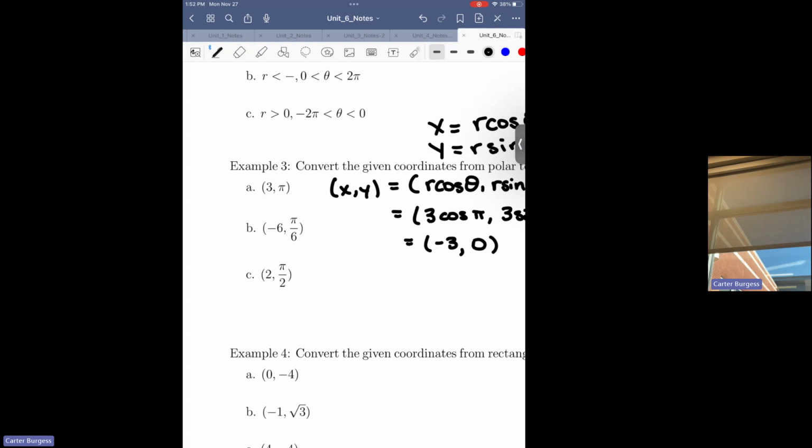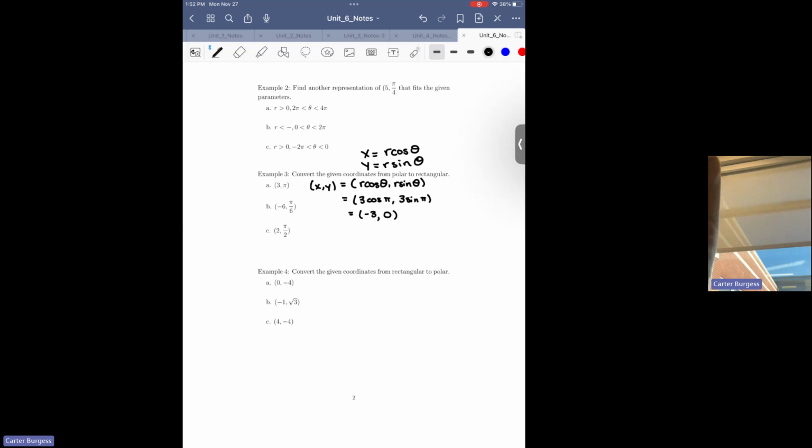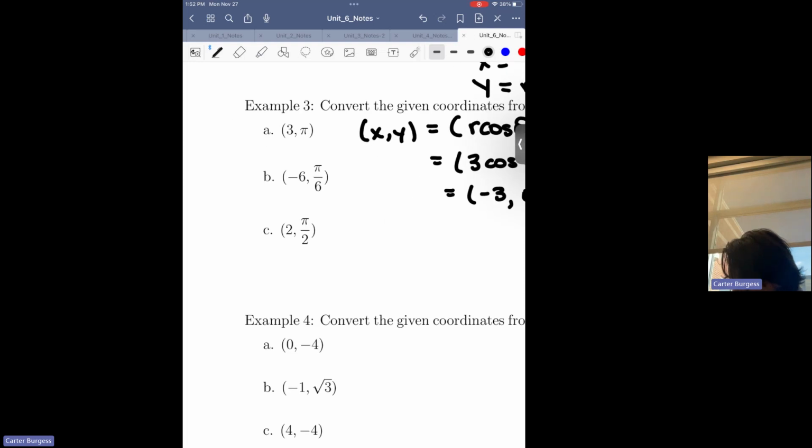All right, let's take a look here at what we have. In the case of B, for our r cosine theta, r sine theta, the r you plug in just as is. Just the -6, you don't need to adjust for anything because it's negative, don't need to make any kind of fancy arrangements. This is just -6 cosine of pi over 6 and -6 sine of pi over 6.